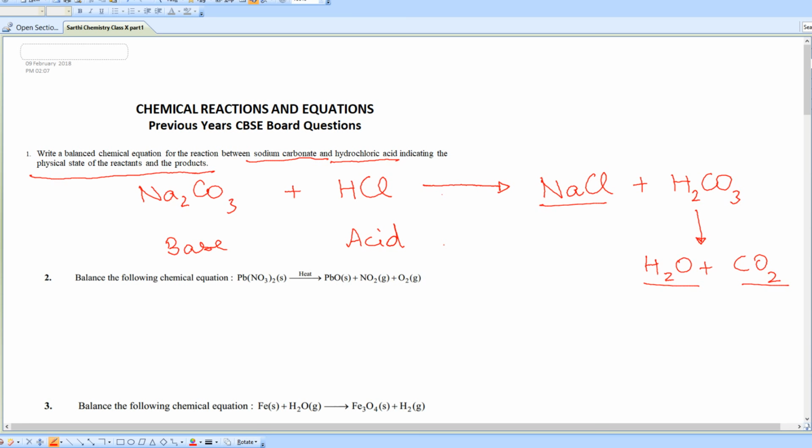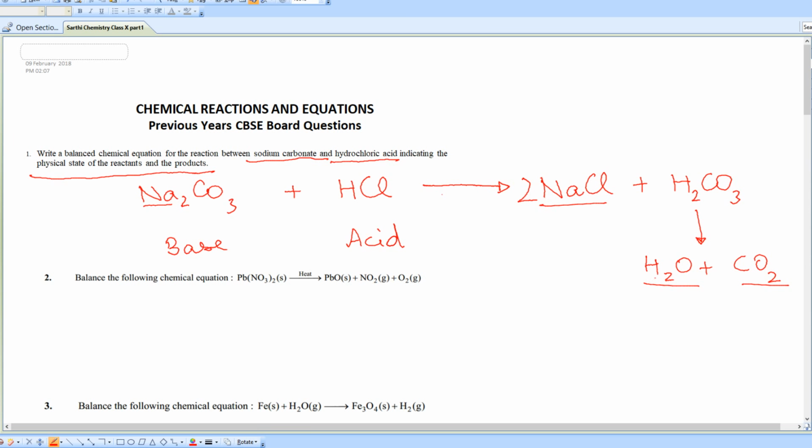Now let's balance this equation. We have two atoms of sodium. First we start with the metal. Balancing starts with the balancing of atoms which are metal atoms. So we have two metal atoms of sodium here, and here we have one, so we will put two here. Carbon atom we have one here and one here, so it is balanced.